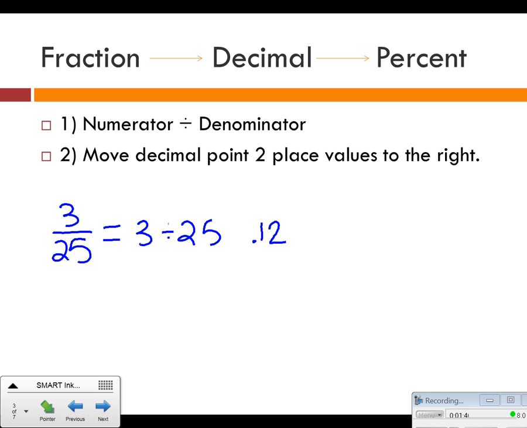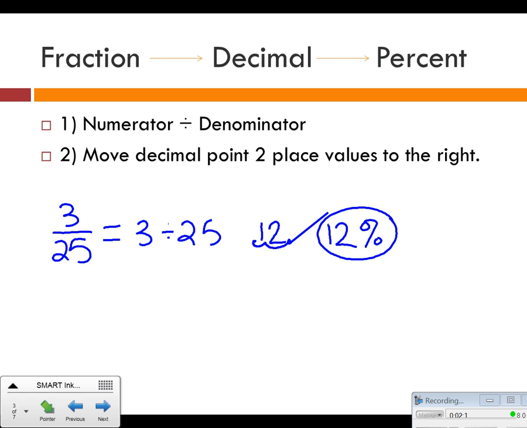And then number 2, we move that decimal point 2 places to the right to turn it into a percent. 1, 2. I moved it 2 to the right. So we get 12%. So 3 out of 25 would be 12%.